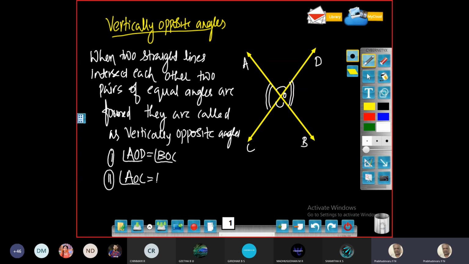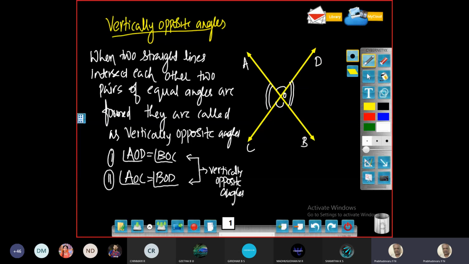These two pairs of angles are equal, so they are called vertically opposite angles. Is it clear? Yes, sir.